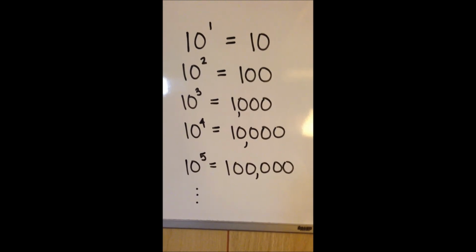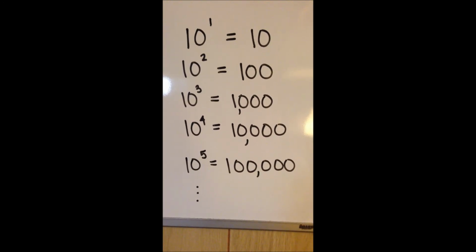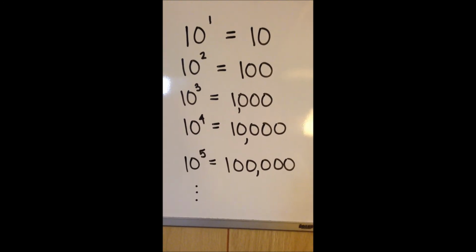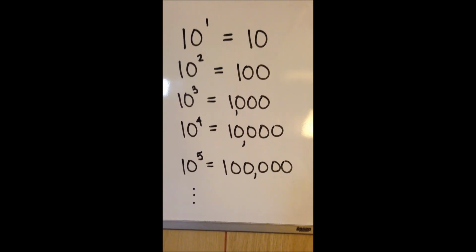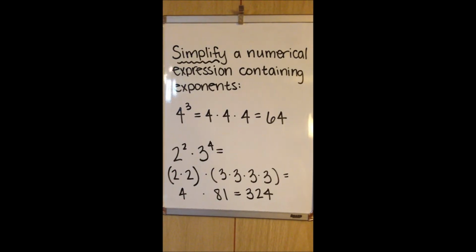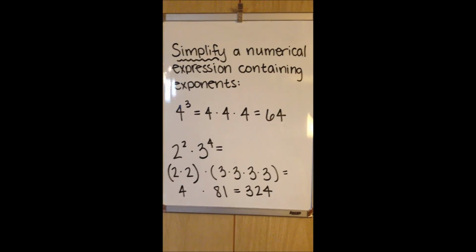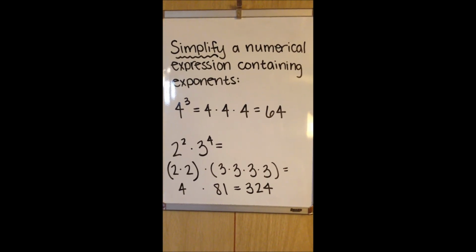Again, because it's to the third power, or 10 times 10 times 10. 10 to the fourth power has 4 zeros, it's 10,000. 10 to the fifth power has 5 zeros, it's 100,000, and so on. Kind of neat. Before we try some examples, let's try simplifying a numerical expression containing exponents.